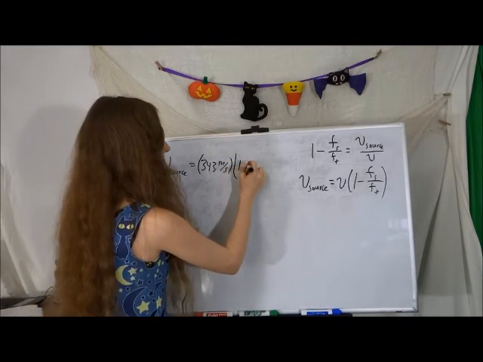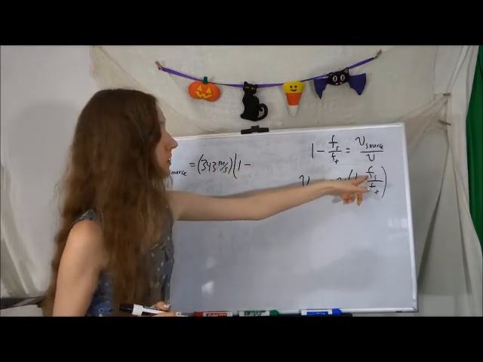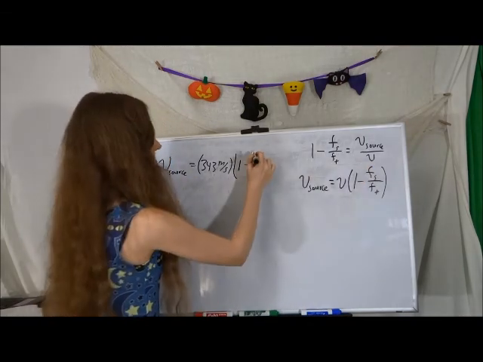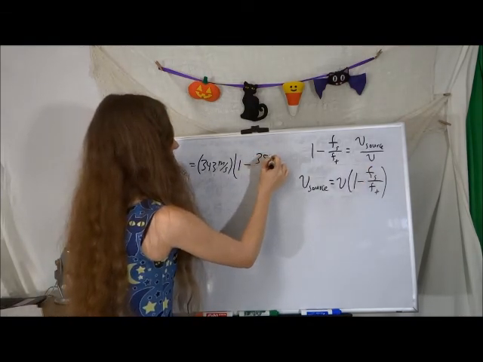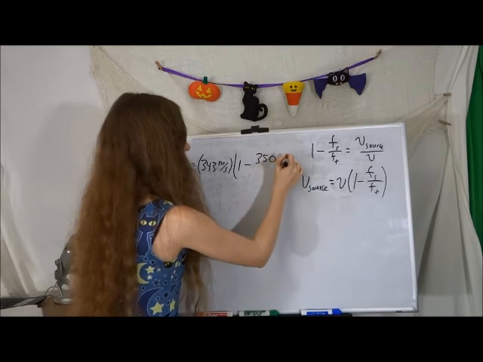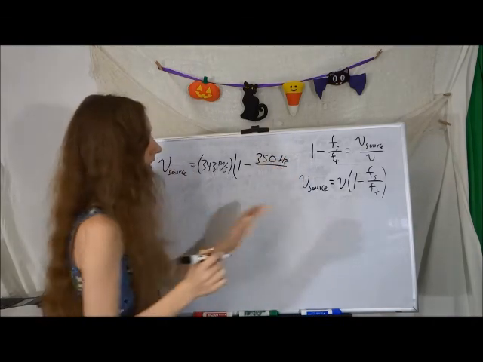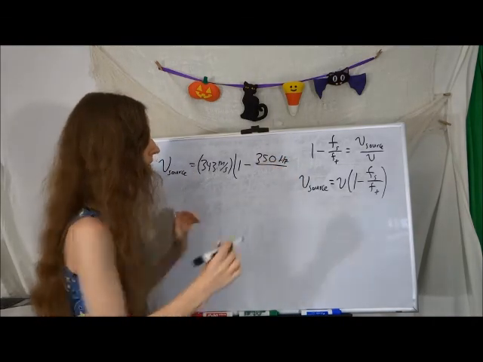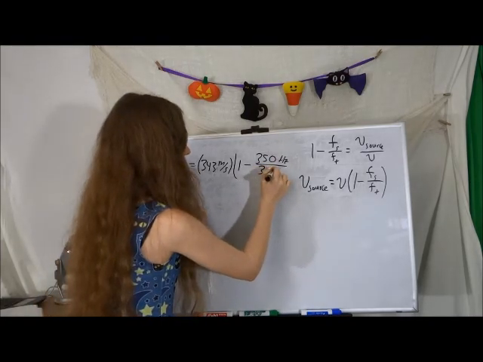And then we're going to have 1 minus, now when our werewolf is stationary, its call, or howl, is 350 hertz. And then the howl we measure now is 380 hertz.